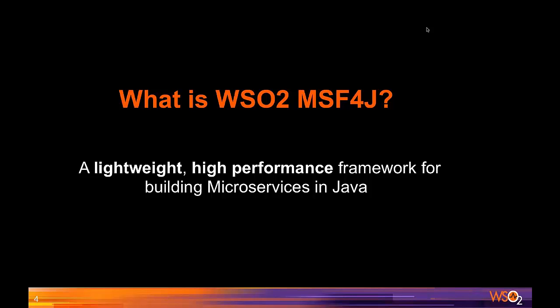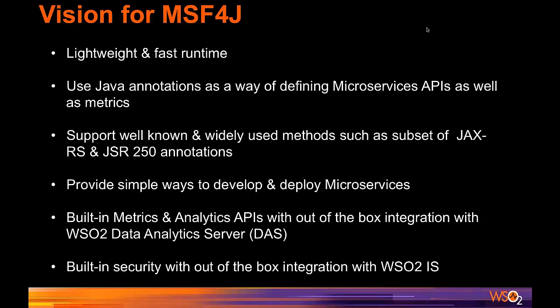So this is the broad vision of this framework. As I mentioned, the first one is it should be a lightweight and fast runtime. Second, it should be based on Java annotations and somewhat familiar to our end users. Third, we didn't want to introduce something entirely new, some kind of proprietary API.